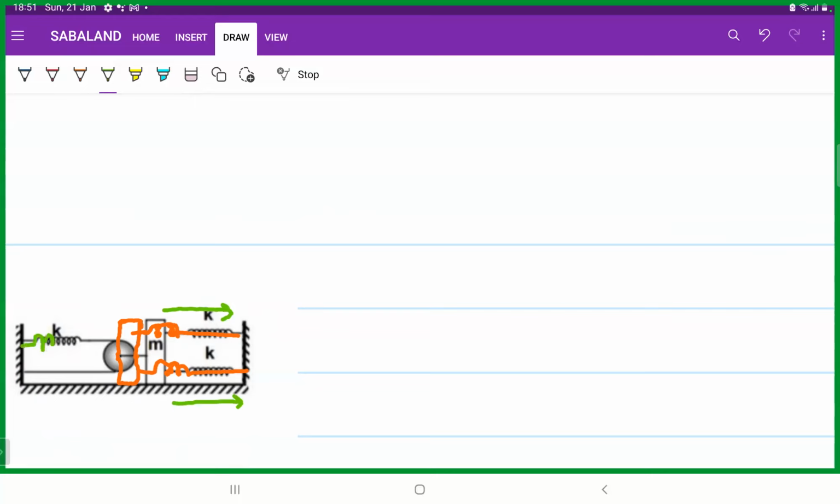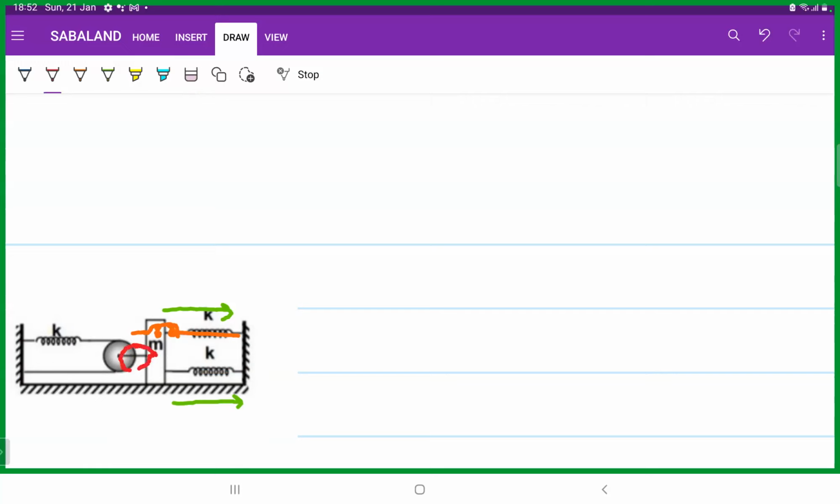This spring right here, I'm sorry, it is compressed, and it wants to give a force towards the right as well. But in this case, this won't happen. Why? If you see over here, we have a string, right?